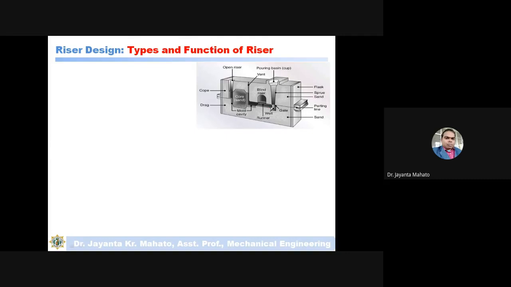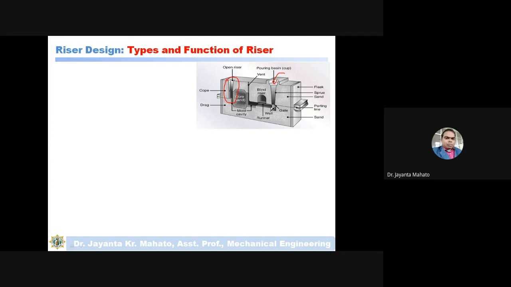So this part is actually called the Raja. Okay, this is the pouring basin. In the pouring basin, molten metal will be poured, and this is the funnel.